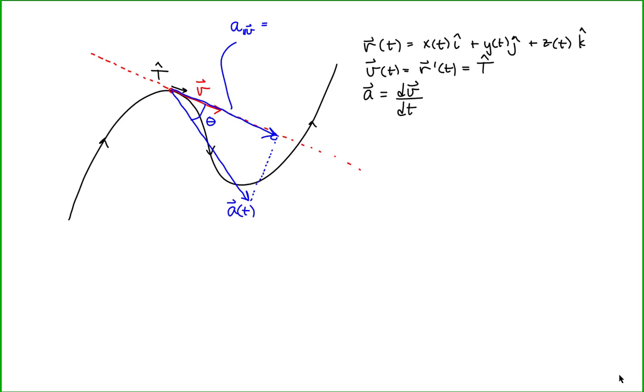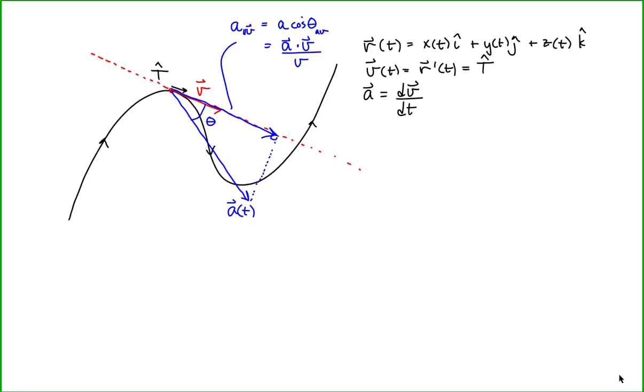And from trigonometry, we would get that to be equal to the magnitude of the acceleration times the cosine of the angle between the acceleration and the velocity vector. We have actually shown previously that this is simply the dot product of the acceleration with the velocity over the magnitude of velocity, which is speed.